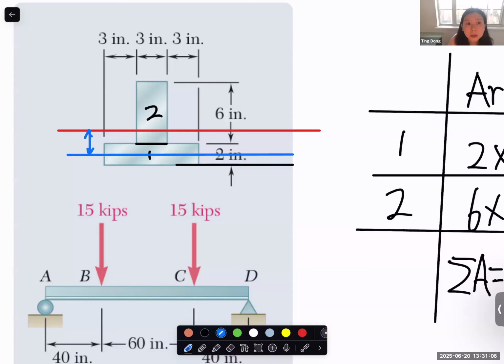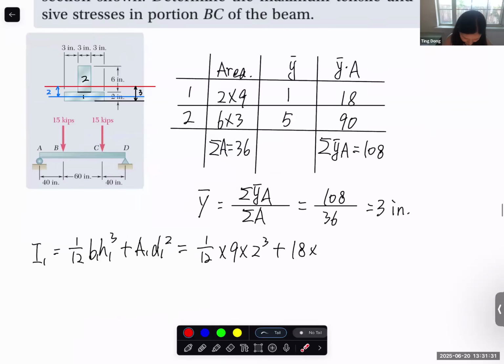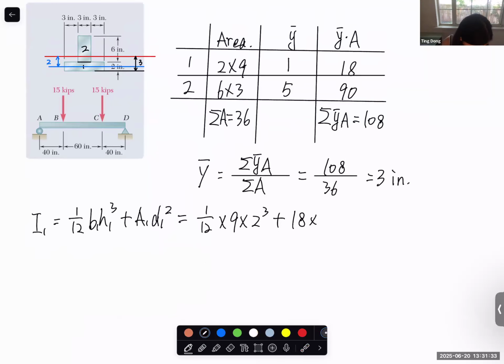This should be 2 inches, because when we found the centroid, we already figured out this distance is 3. So we know that this is 1, so this is 2. Two squared.